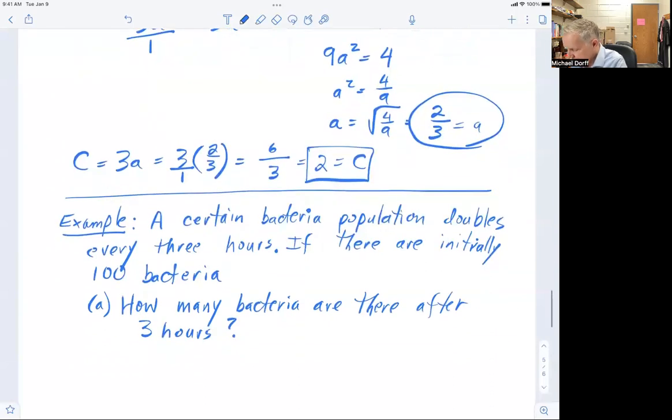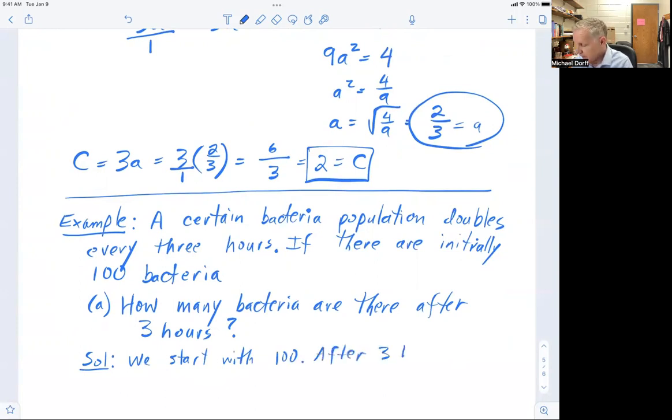Well, it doubles every 3 hours. So if we start with 100, after 3 hours, that doubles. What's doubling of 100? It's 200.